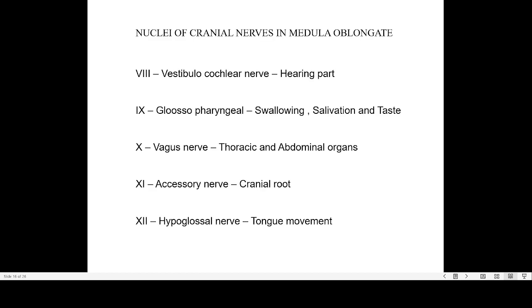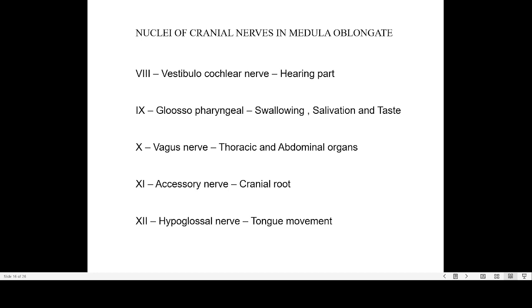Then the important cranial nerve nuclei, the last four. Usually the eighth, the vestibulocochlear nerve, only the hearing portion. Then the glossopharyngeal, vagus, accessory, and hypoglossal cranial nerves.